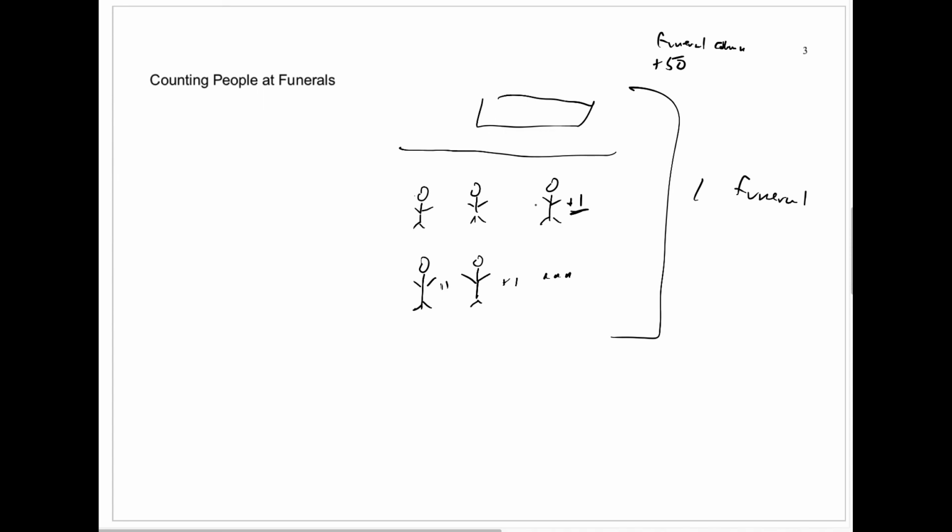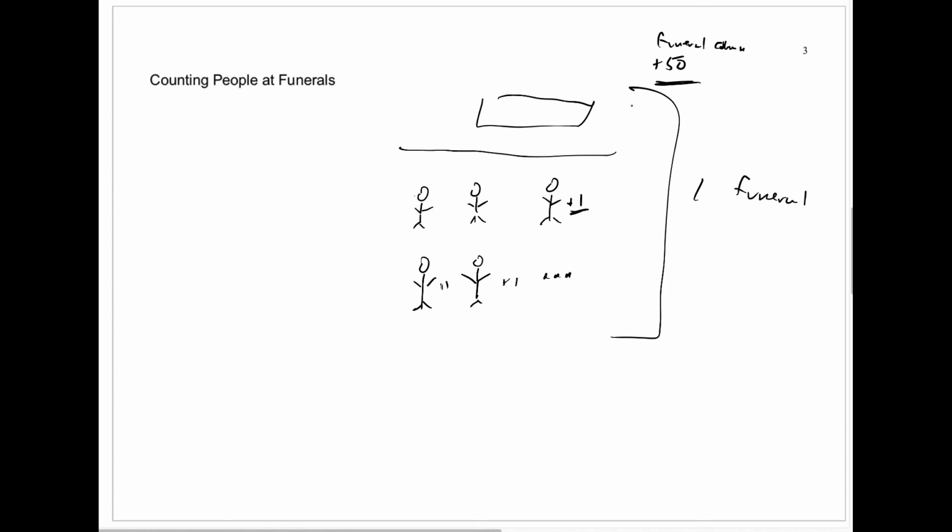If we look at all the funerals that go on in the country over a long period of time, and we count up the total number of attendances at funerals, meaning how many individual people attend the funeral over all these funerals, we could have two ways of counting that number. We could count it by looking at each funeral and adding up the total attendance at each and every funeral over all the funerals that happen.